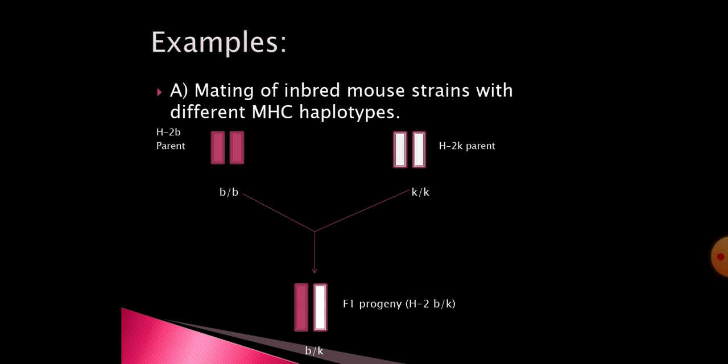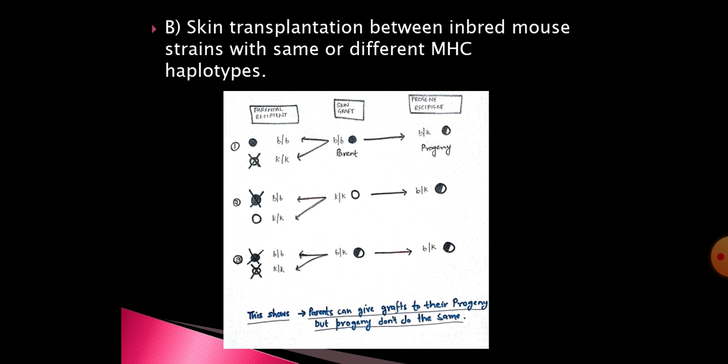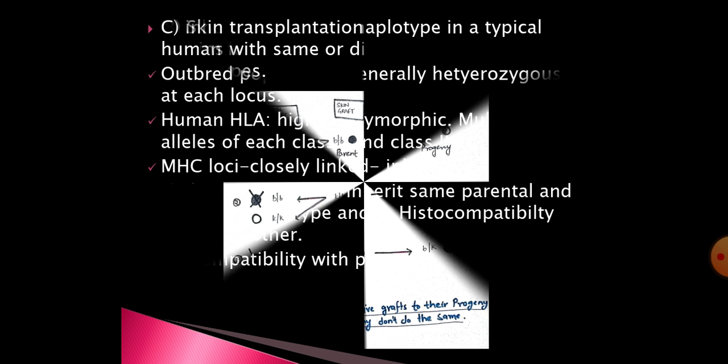Here I have shown you an example which describes this. One parent has haplotype small p, and another parent has haplotype small k, and when the progeny is formed, it has two different haplotypes, small b and small k. There are two other examples which will clear your concept about the allelic forms of MHC.